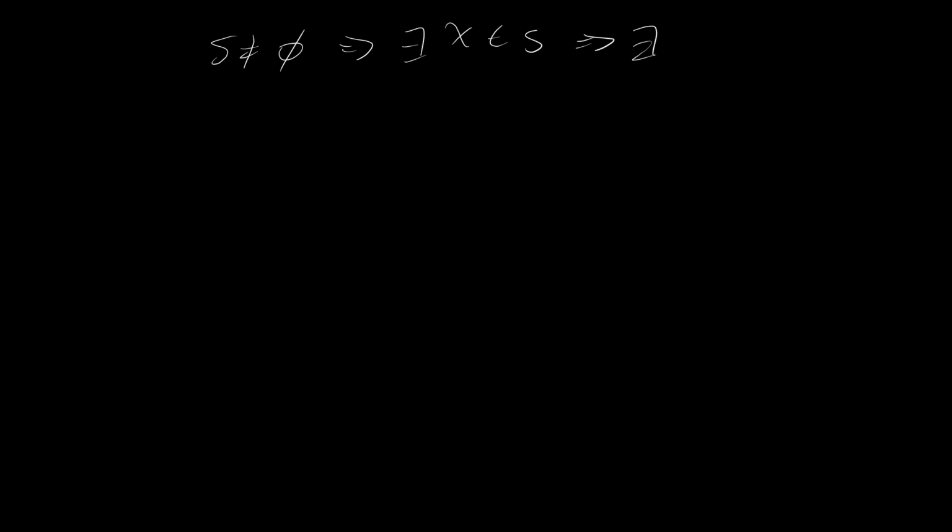So since S is not empty, there exists some X in S, which means that there exists some equivalence class of X such that this equivalence class is a member of the family.